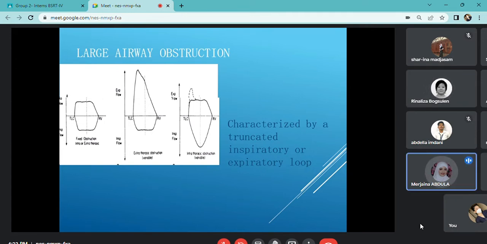FEV1 over FVC ratio. Okay, very good. So FEV1 over FVC ratio. Plus, ano pa? FEF 25 to 75, flow rates.